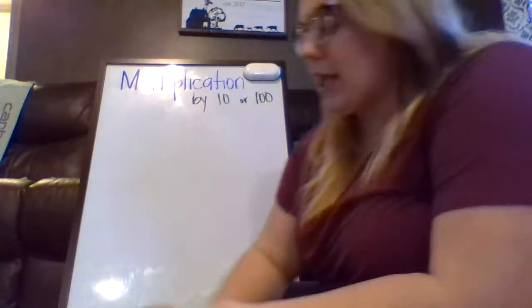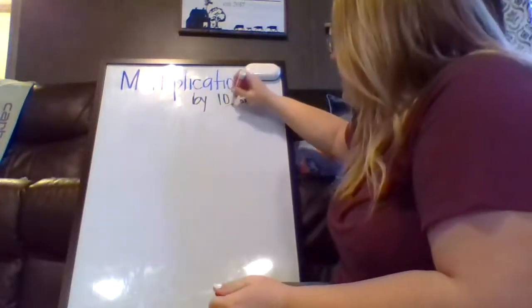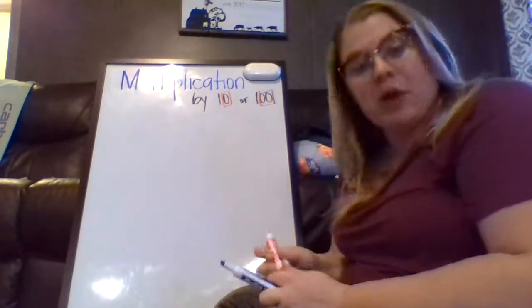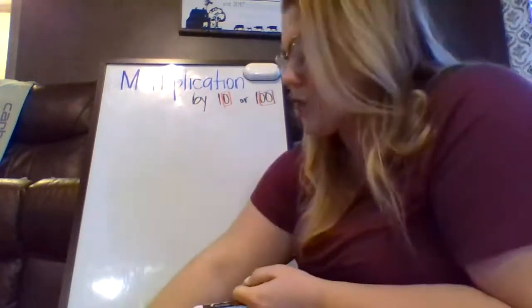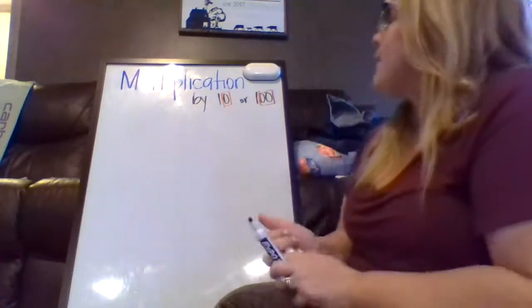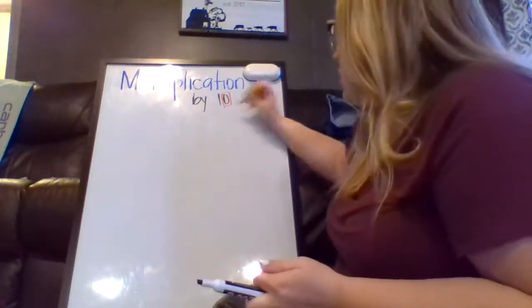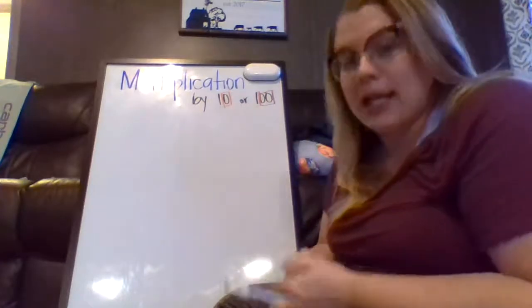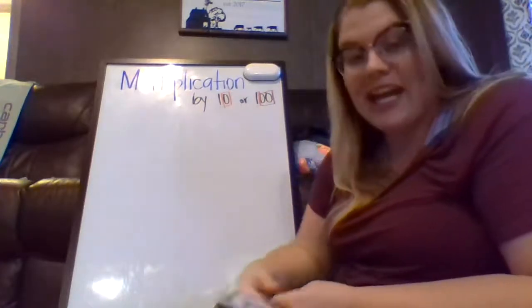So when we look at the numbers 10 and 100, we can see a couple things they have in common. They both end in zeros, just different numbers of zeros. 10 has 1 zero, 100 has 2 zeros, and they both start with the 1. Anytime you multiply a number times 1, it gives you itself.